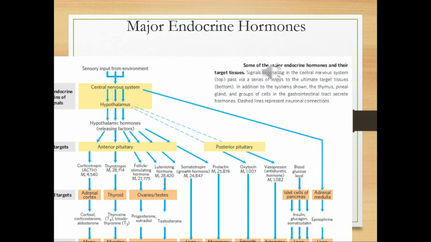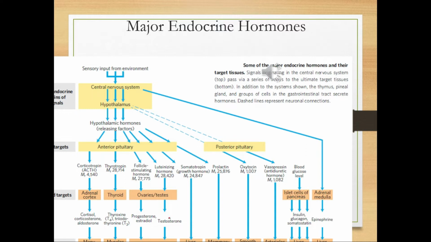Similarly, luteinizing hormone also acts on ovaries and testes and helps to release their respective hormones, progesterone by ovaries and testosterone by testes. And as a result, these hormones, progesterone and testosterone, act on ultimate targets and perform their functions.